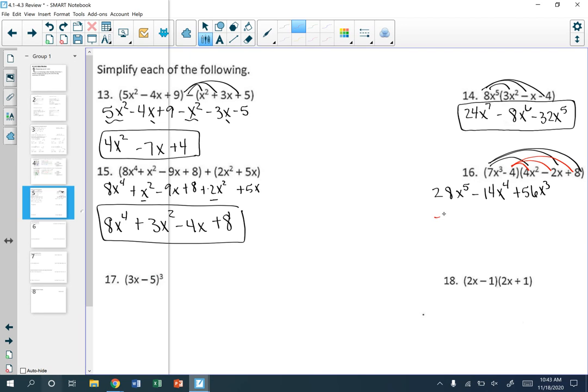So I have -16x squared plus 8x, and then minus 32. And we notice that there are no like terms to combine. So our answer is just simply 28x to the 5th minus 14x to the 4th plus 56x cubed minus 16x squared plus 8x minus 32.